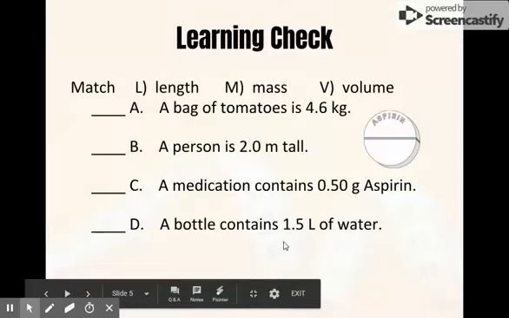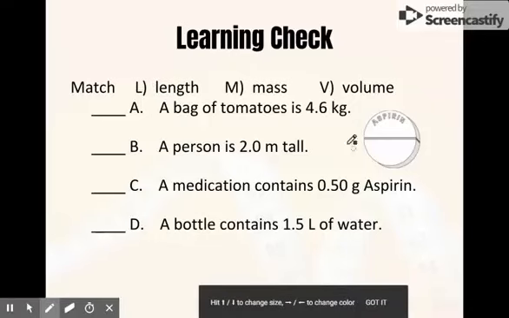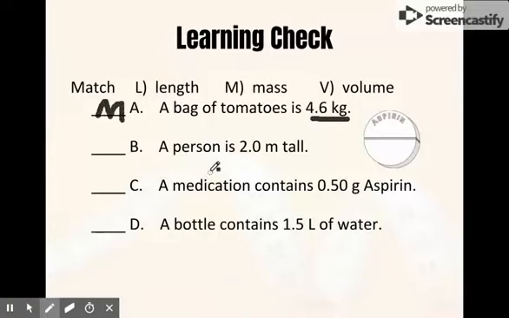So let's do a little practice here. So let's match the following description to either a length, a mass, or a volume. So a bag of tomatoes is 4.6 kilograms. So grams is the base there, so that would be a unit of mass. A person is 2.0 meters tall.